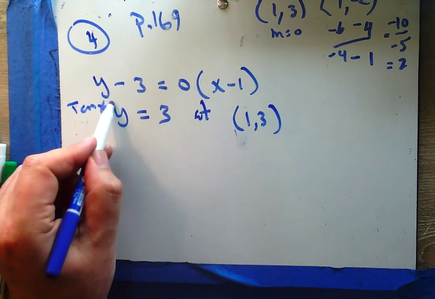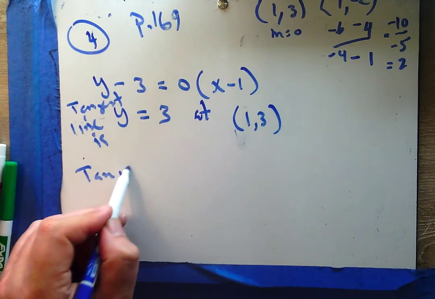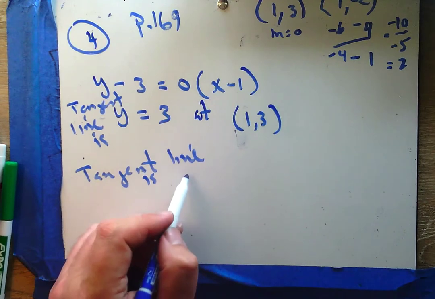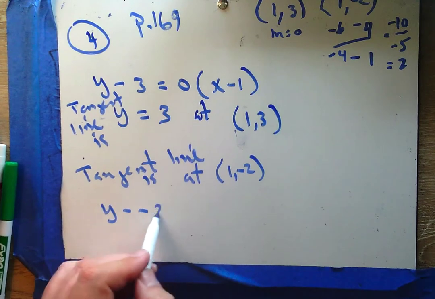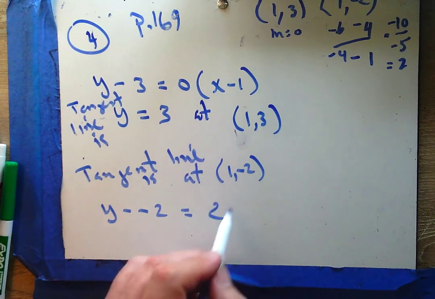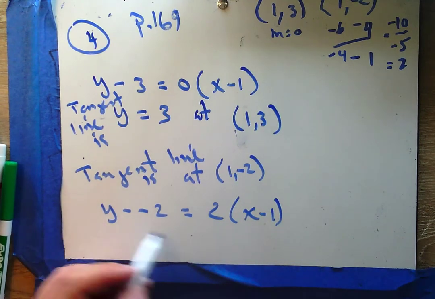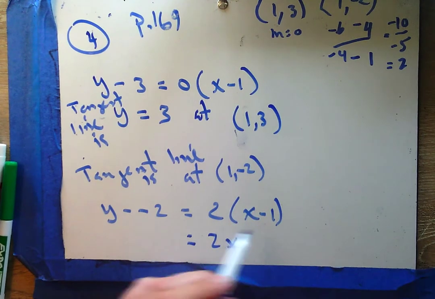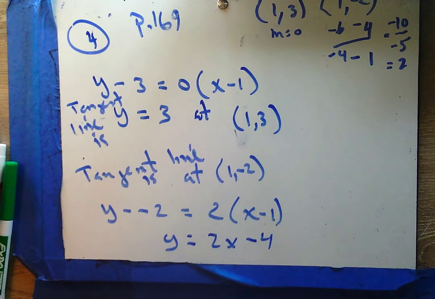And at (1, negative 2), y minus negative 2 equals 2 times (x minus 1). I'd stop there, but just in case, 2x minus 2 minus 4y is that tangent line. All right, and I think I saw part C.